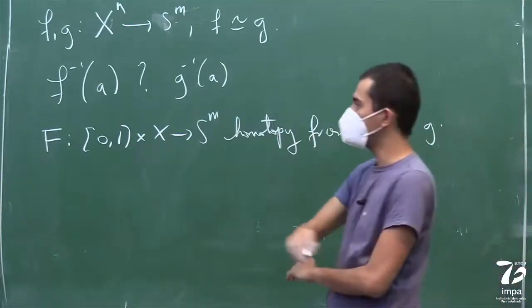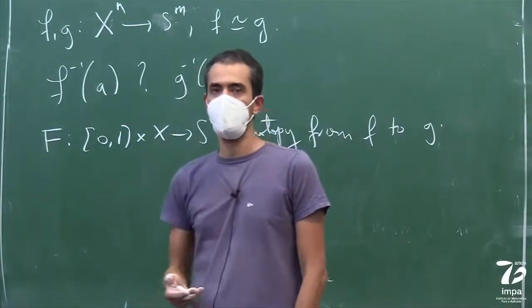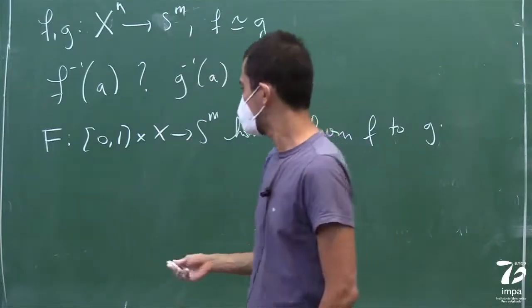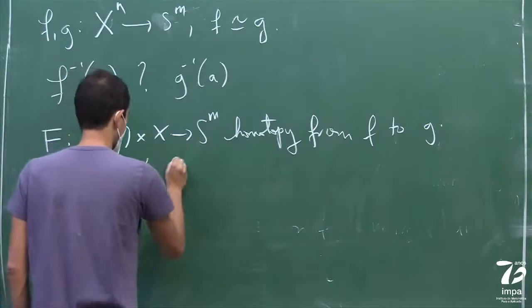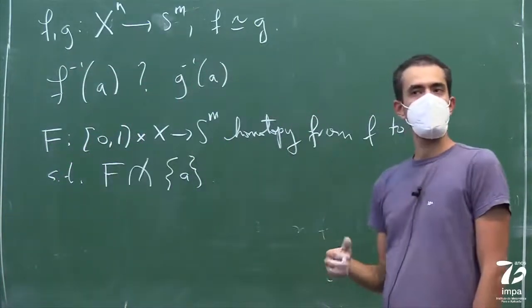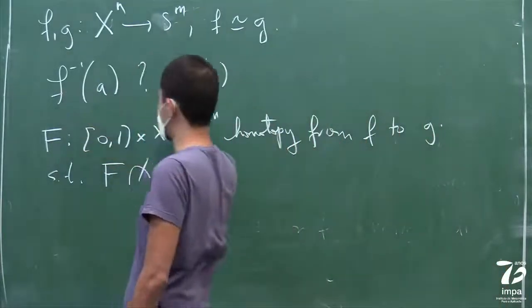And if A is a regular value of f and g, we might as well assume that A is also a regular value of F, up to a little perturbation, such that F is transverse to A. So what we can do now, we know it's transverse to A and it's transverse to little f and little g.